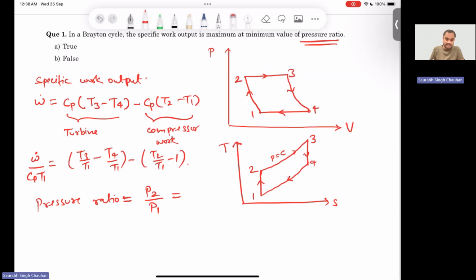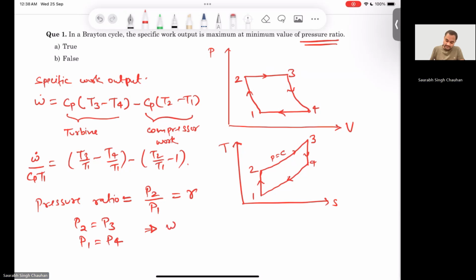So this is our pressure ratio, R, let us say. And pressure at point 2 is equal to pressure at point 3, because heat addition takes place at constant pressure, and P1 is equal to P4. So we can write this non-dimensional specific work in terms of R.